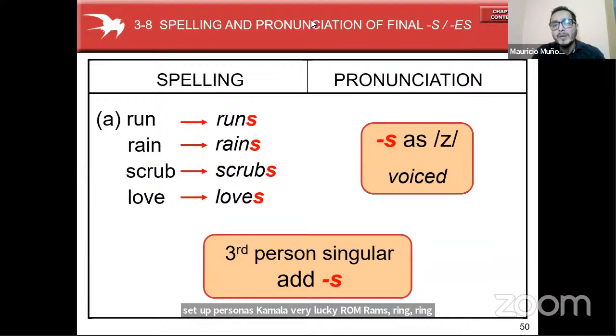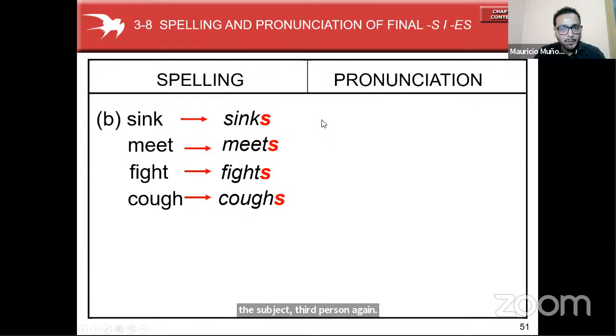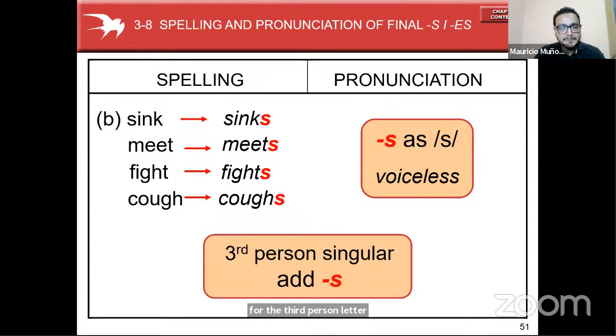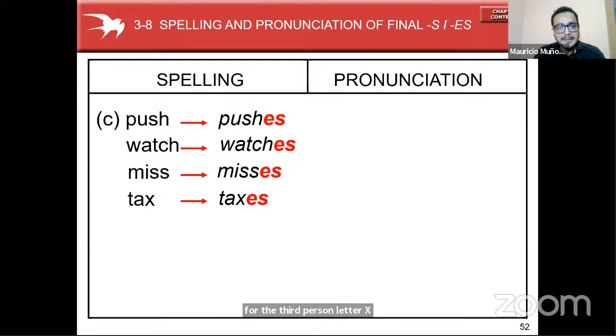Most of the verb we add the letter s when we work with the subject third person. Okay? In the same way here, you see? We only add the letter S for the third person. Letter S. This is the rule we have already practiced.